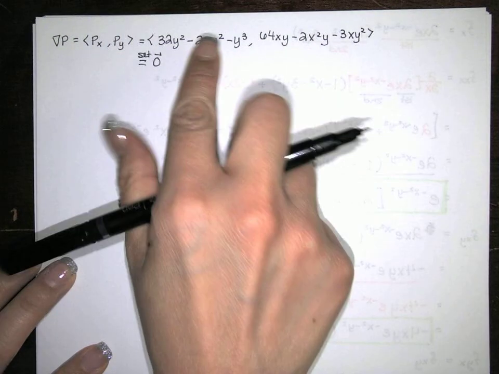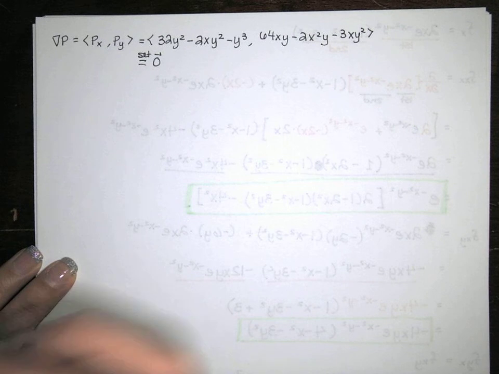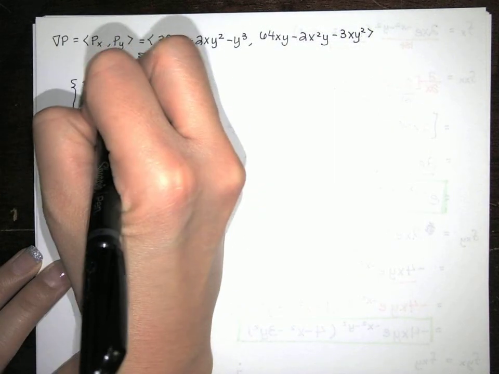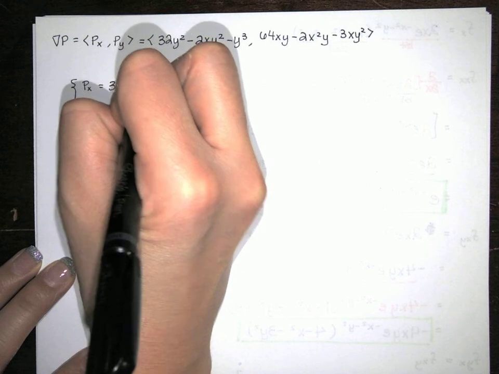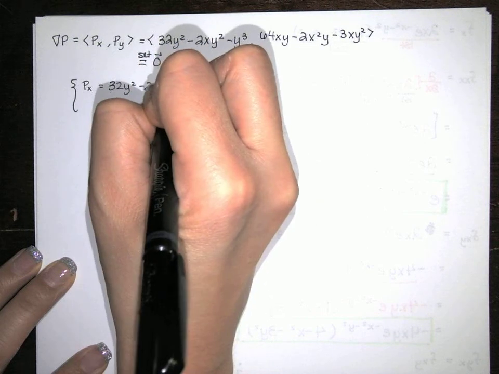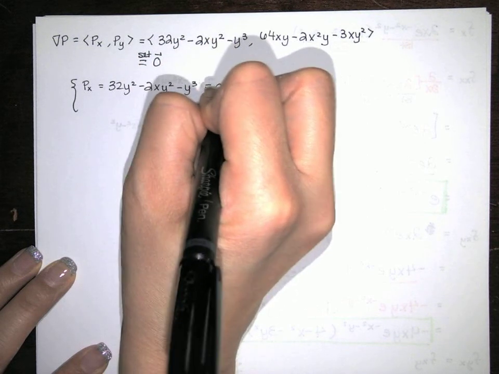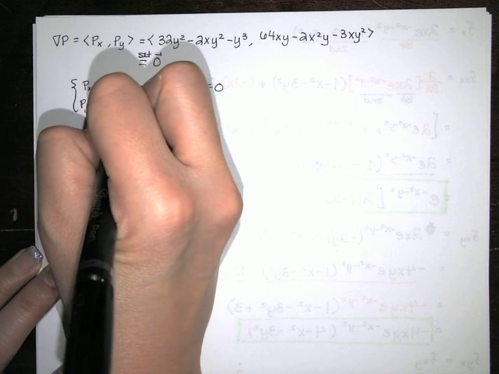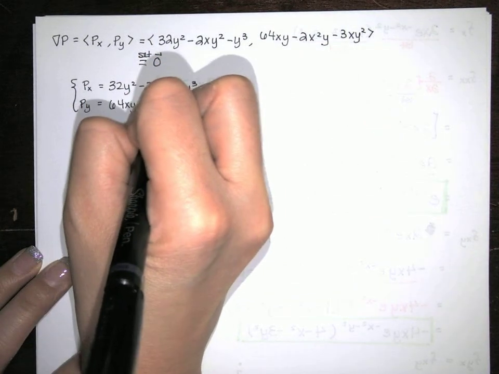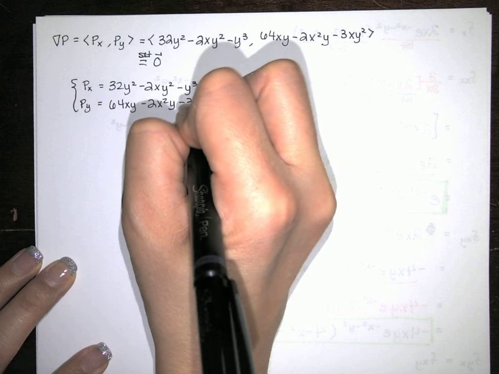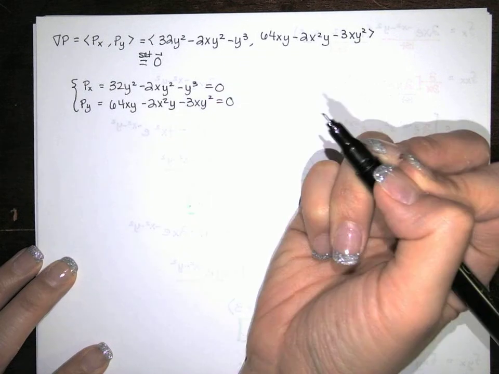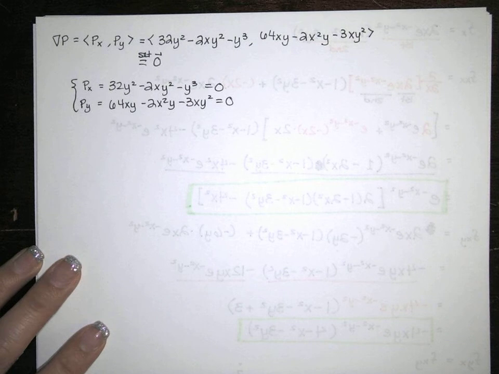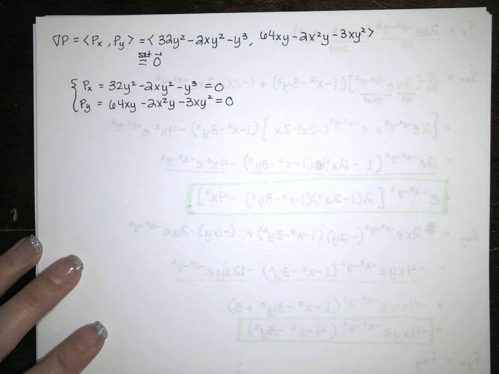So that means this component and this component need to be 0 at the same time. So I need 32y squared minus 2xy squared minus y cubed to be 0 and 64xy minus 2x squared y minus 3xy squared to be 0. So we've got a system of polynomials, 2 polynomial equations and 2 unknowns, and we want them to be 0 at the same time.